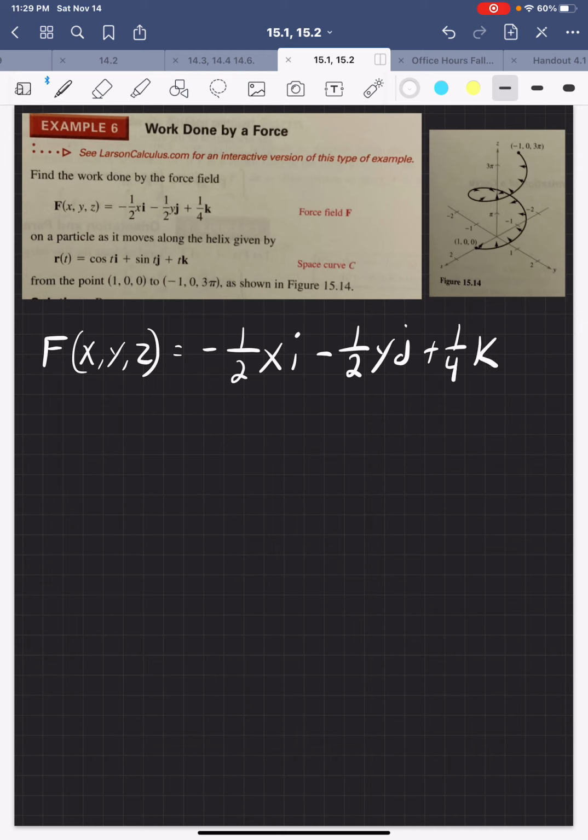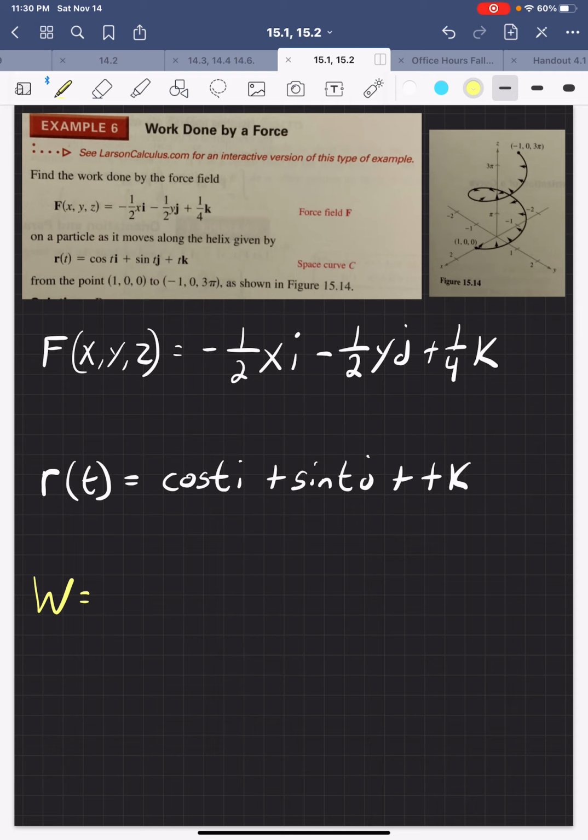Okay. And now, under that I'll write r of t. Remember, this is the goal. We want to be able to plug in, because we want to be able to calculate work.